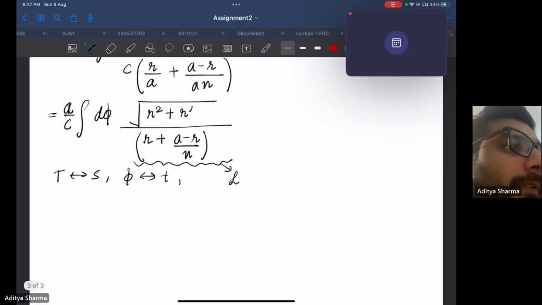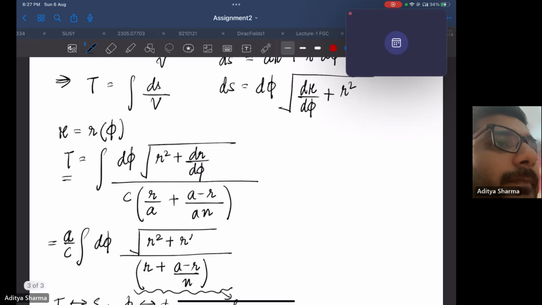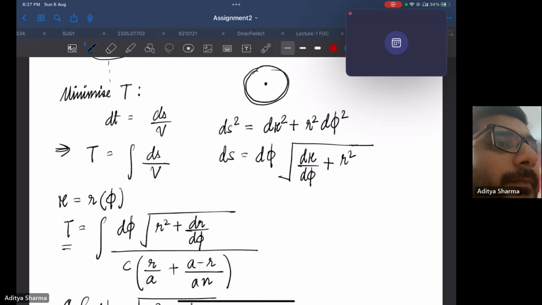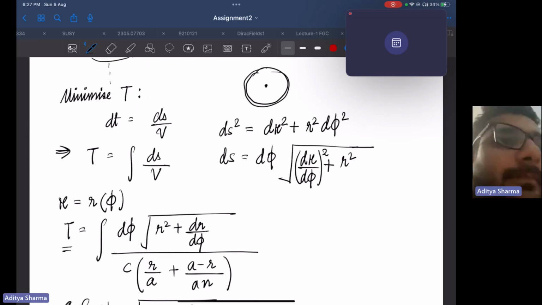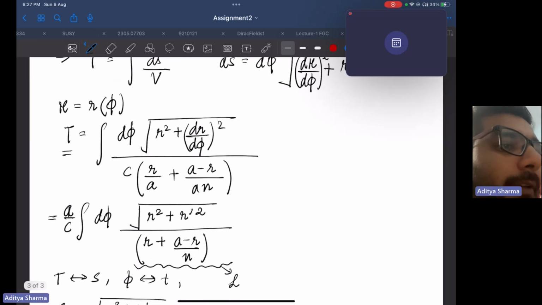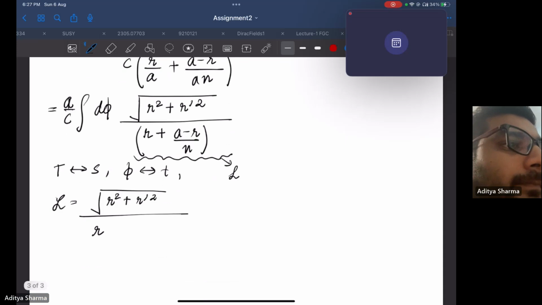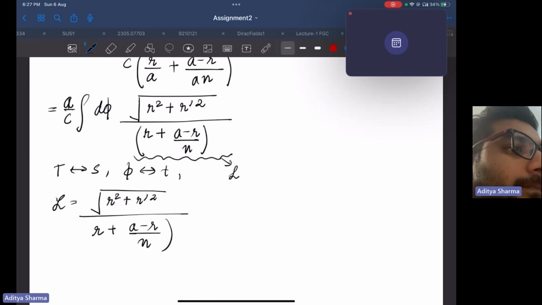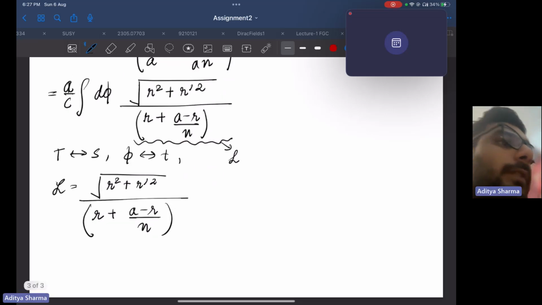So we have L as square root of R square and R prime, R prime square, R plus A minus R by N. Now we have to vary the Lagrangian.